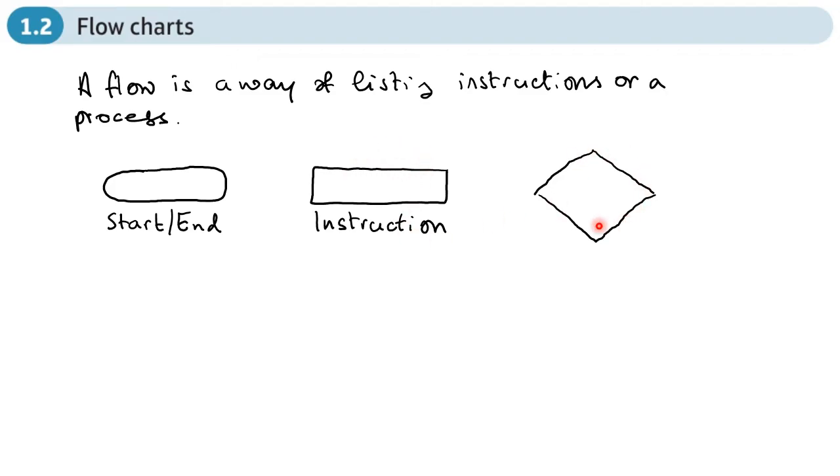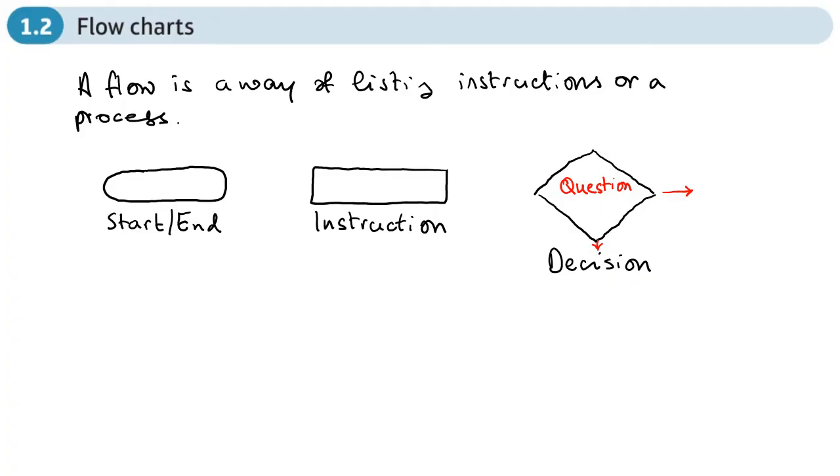Then the last shape is this diamond shape, and this one is what we call a decision. With this decision, normally there'll be some sort of question in here which you might answer yes or no to, and your answer will decide which way you go.